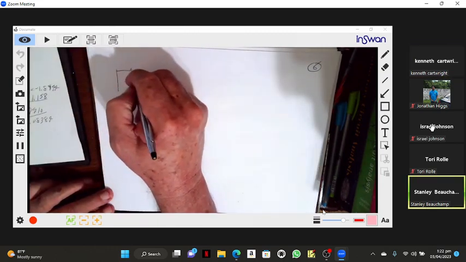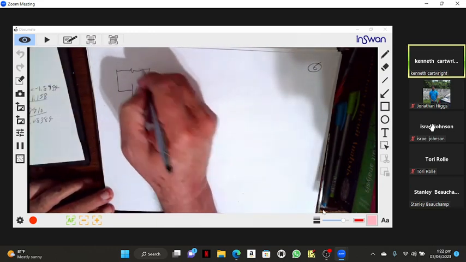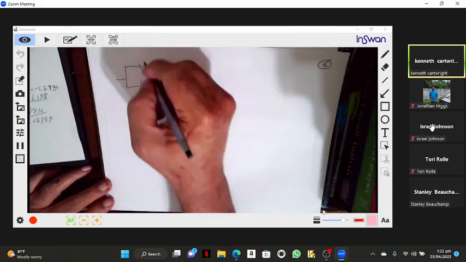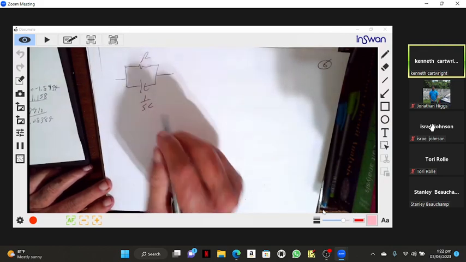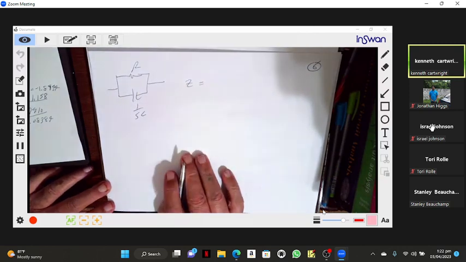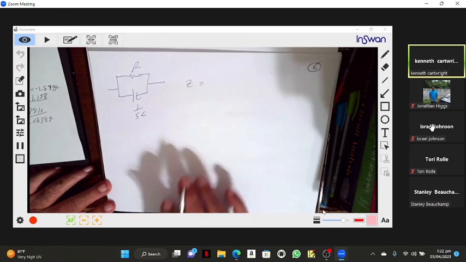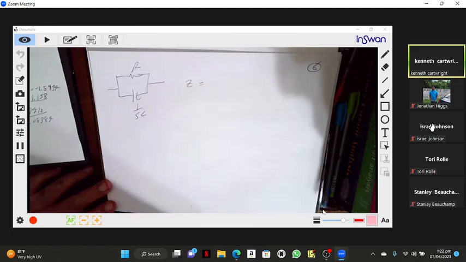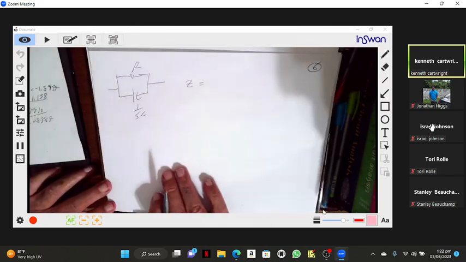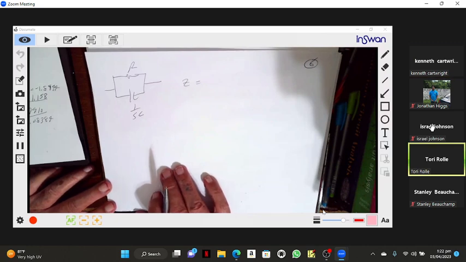In general, then, what's the impedance of these two things in parallel, any resistor and any capacitor? What's that total impedance? Is that 1/SC times R all over 1/SC plus R?